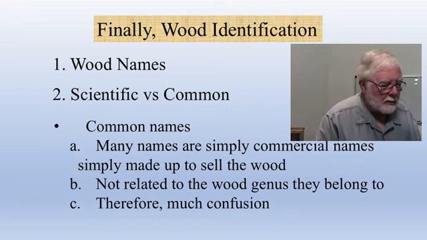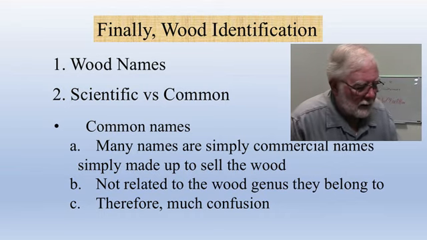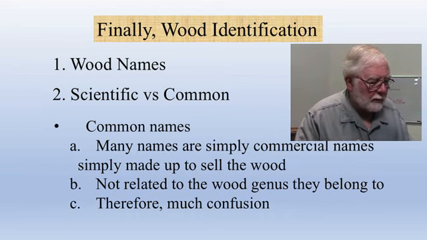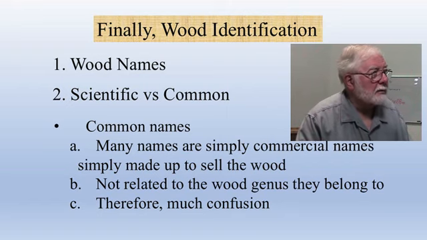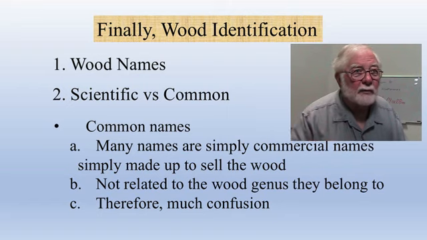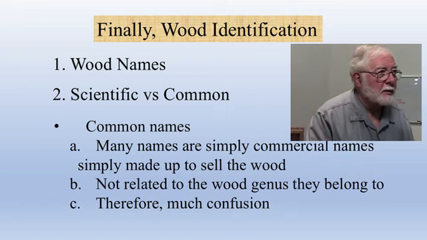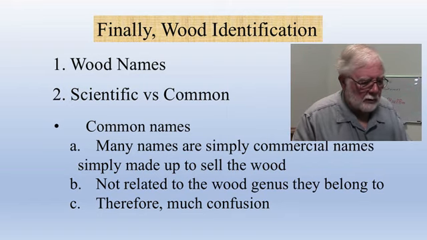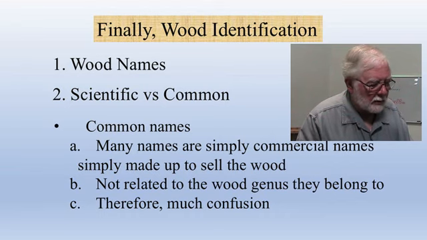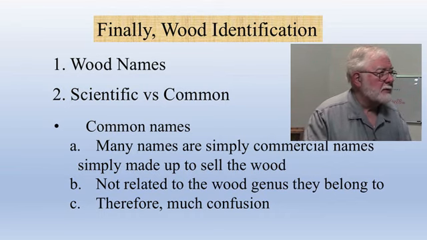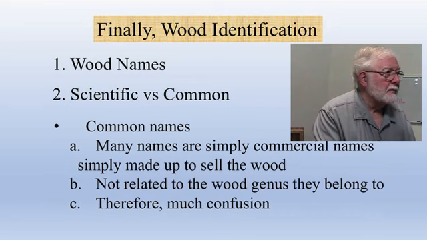Okay, common names, like I said, many names are just given simply for sales. They name it because it looks like something somebody may be familiar with, or it sounds exotic, or whatever. And not all the names are related to the actual genus that the tree is in.